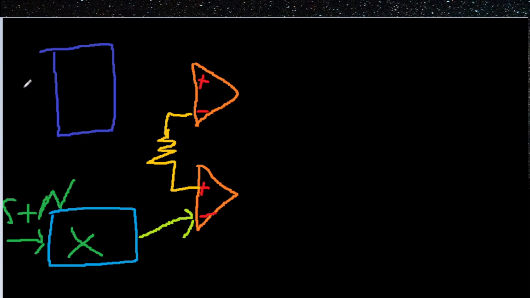Let's use dark red. So you've got this one, and then this goes into here. And this is the noise, which is actually equal to N.